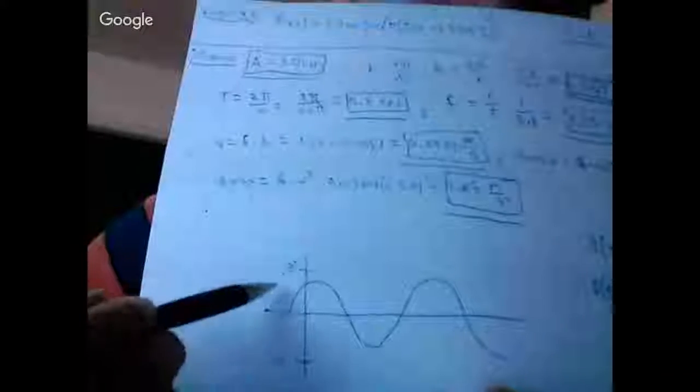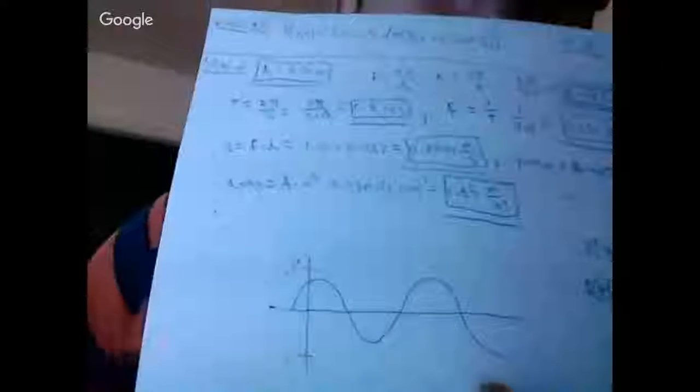And then, if you see on there, you have 3 centimeters for a max, and negative 3 down here for the amplitude. And then our period should be 0.8, so something like that, and that's your period.